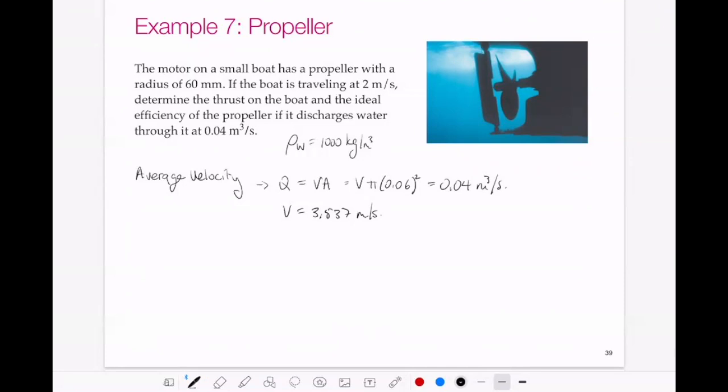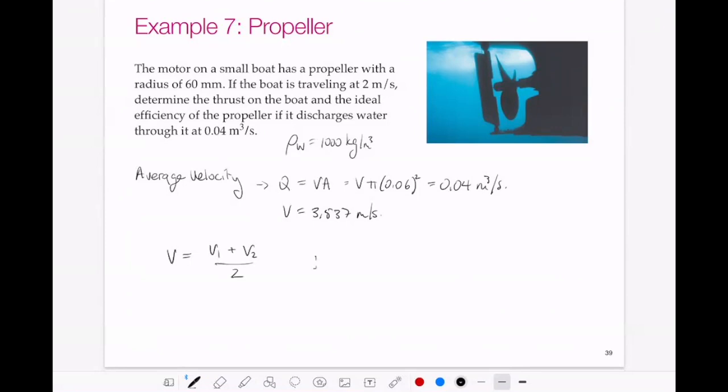For a propeller type problem, we've already done all of the linear momentum equation work, the Bernoulli equation work, and the continuity equation work, and we have a set of equations that are tools we can use. We know one equation is the velocity at the prop is equal to the velocity into the prop plus the velocity out of the prop divided by 2. So it's the average of the velocities in and out.